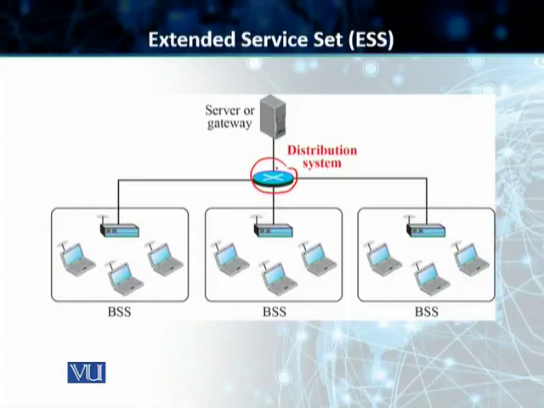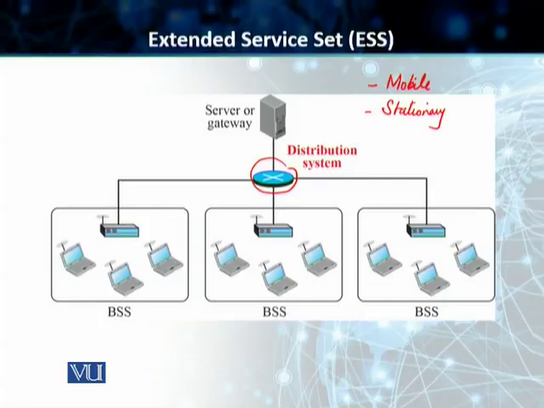Students, the extended service set actually uses two types of stations. One is mobile, and the other one is stationary. So we have two types of station in an extended service set.